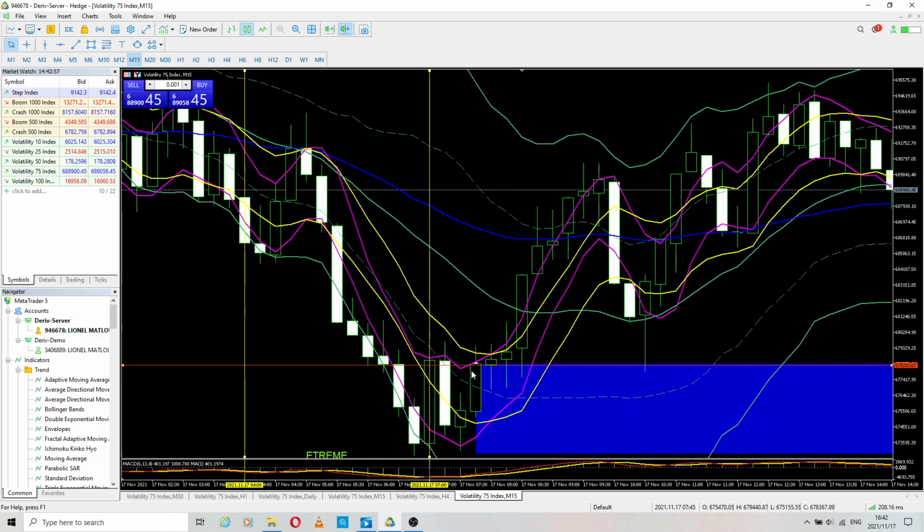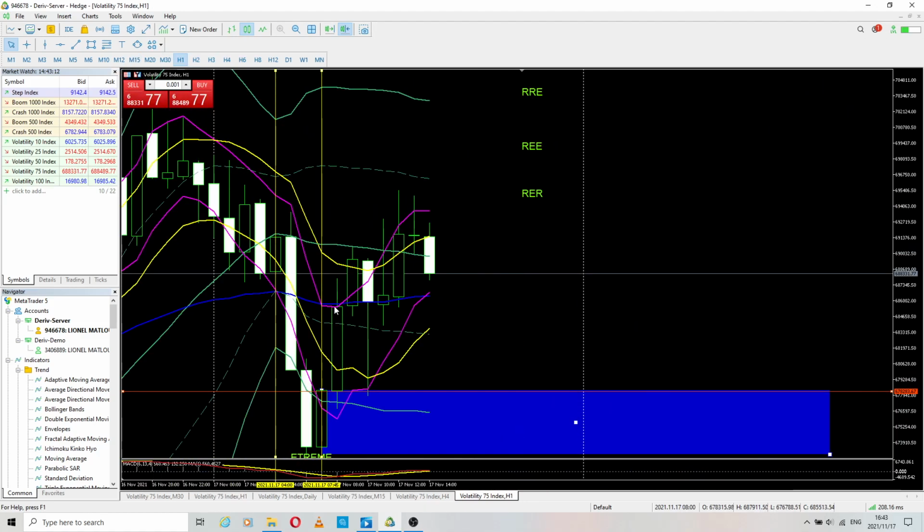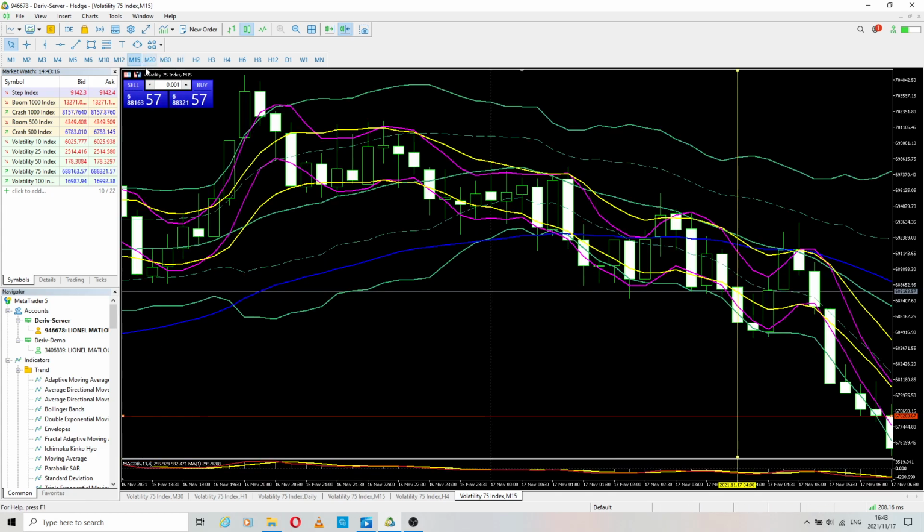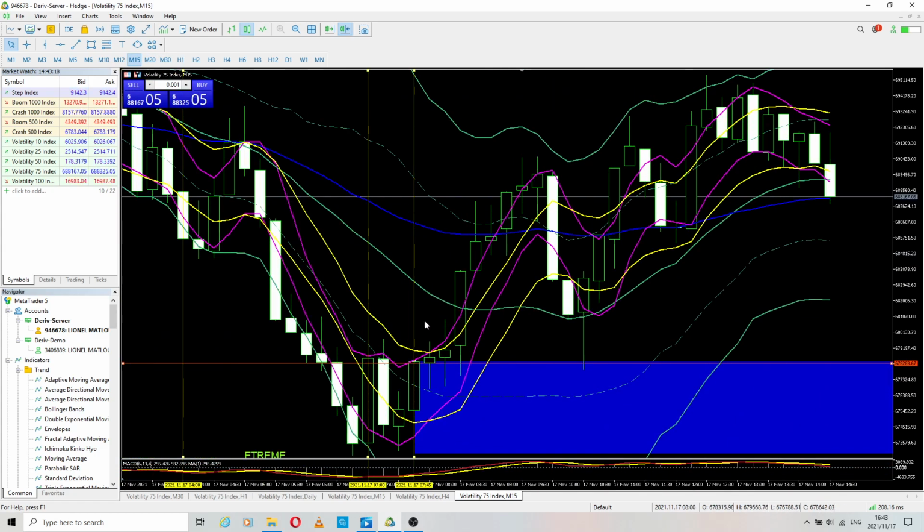Four candles create 1 hour time frame. So from here to there, that's one candle. As you can see, is this candle there. So now from there to there is that one candle.